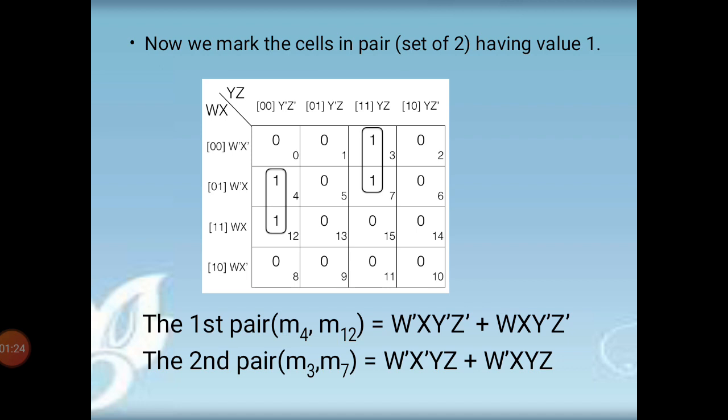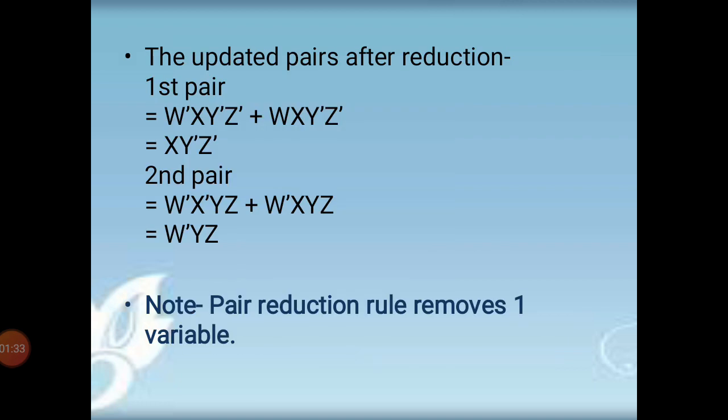In the same way, we also find the expression for the second pair, M3 and M7. Now we will remove the variable that changes in the first and second pair. Looking at the first pair, W complement changes to W. So we remove it, and our final expression for the first pair is X, Y complement, Z complement.